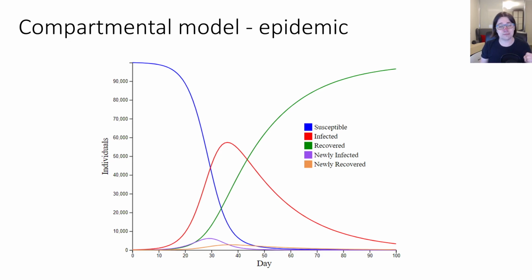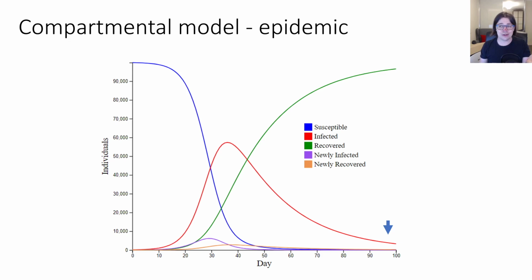The infected population peaks at around about day 35, and then you can see in green that the recovered population goes up to nearly 100,000. You'll also notice that down here in the bottom right, you have that red curve at day 100 is still pretty high.